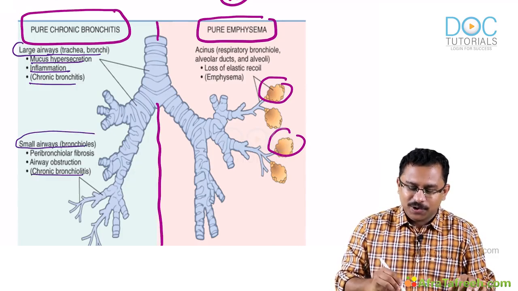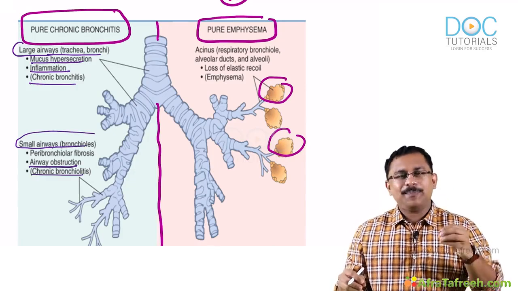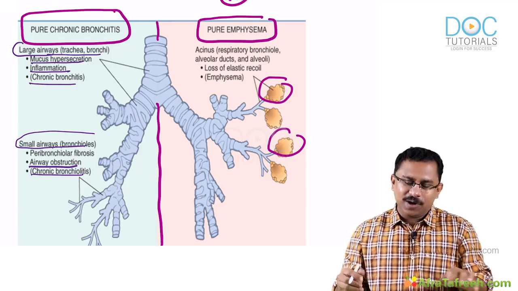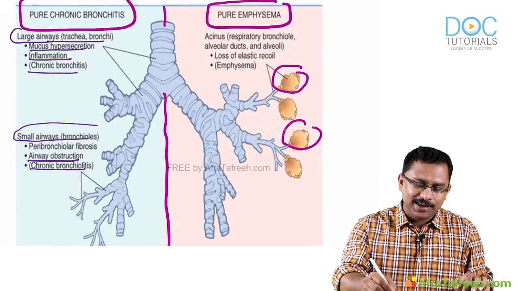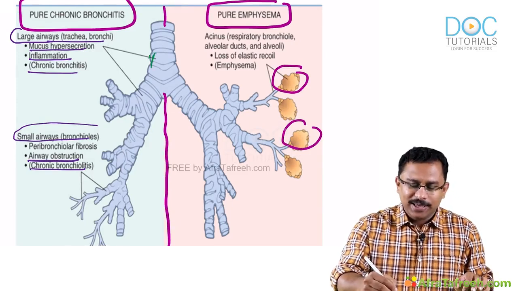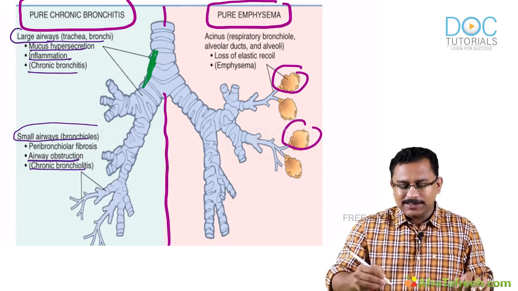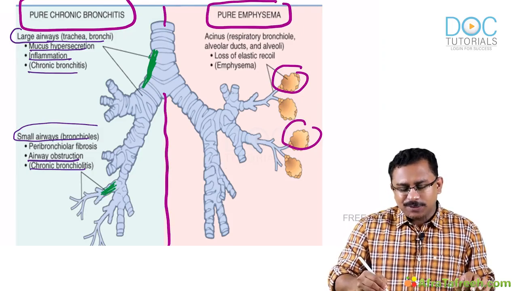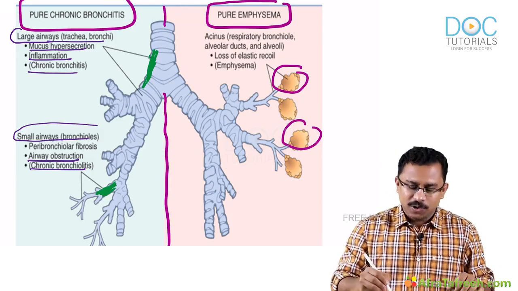There is chronic bronchiolitis, there is airway obstruction. So in chronic bronchitis you will have mucus plugging. The inflammatory mucus will be plugging these airways, and sometimes even the smaller airways, at the level of the bronchioles.